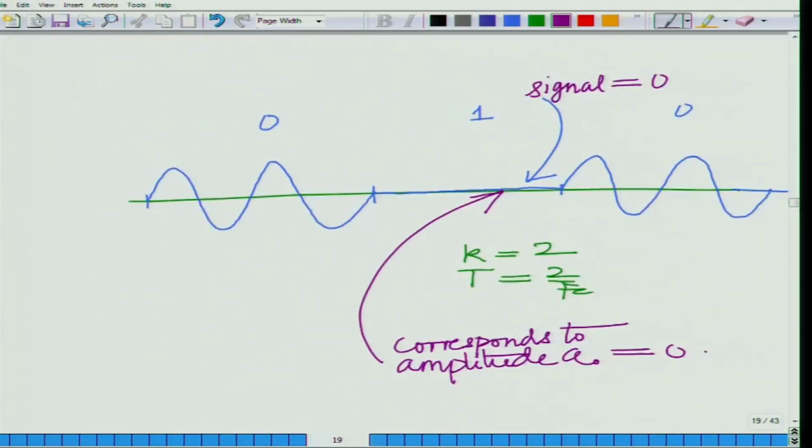Therefore, the transmission is on in this region, transmission is off because amplitude is 0, transmission is again on.